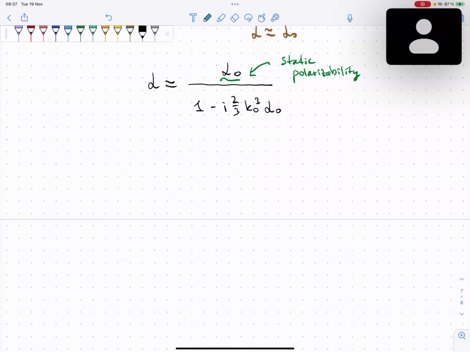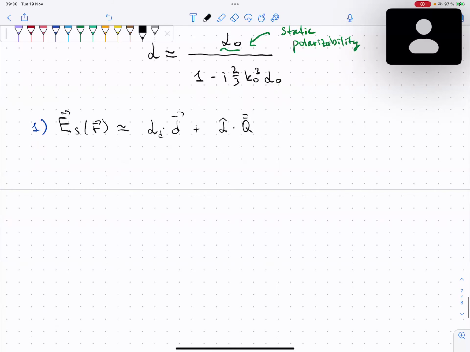On one side, we can expand the scattered electric field in multipoles: dipole polarizability multiplied by dipole moment, plus quadrupole polarizability multiplied by quadrupole moment, and so on and so forth.